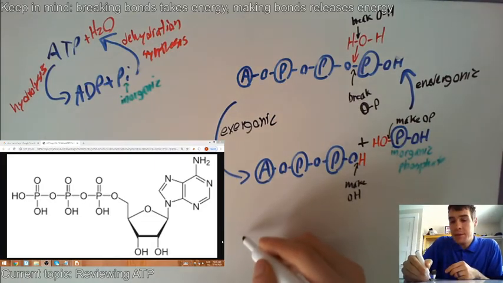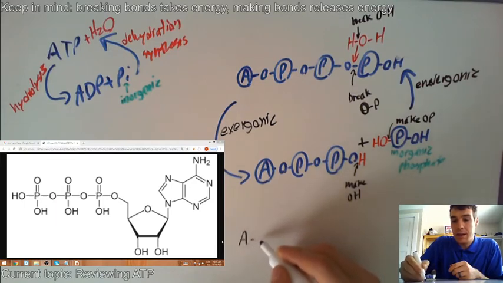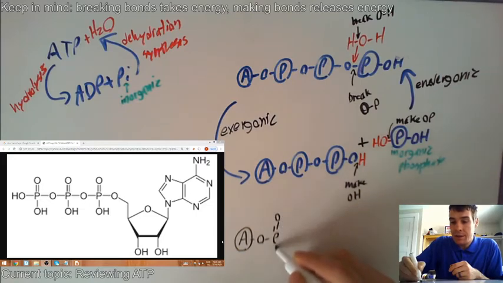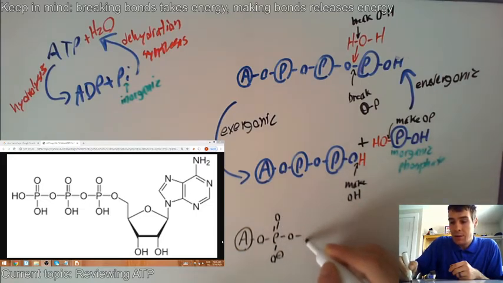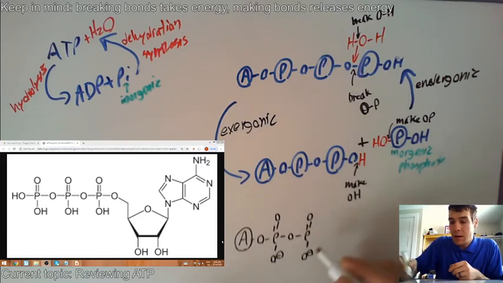One of the big reasons for it is that the phosphate looks like this. It's an A to an oxygen to a phosphate, and the phosphate has a double bond oxygen on one side and a negative charge on the other, to another oxygen to a phosphate that does the same thing, to another oxygen to a phosphate that does the same thing.